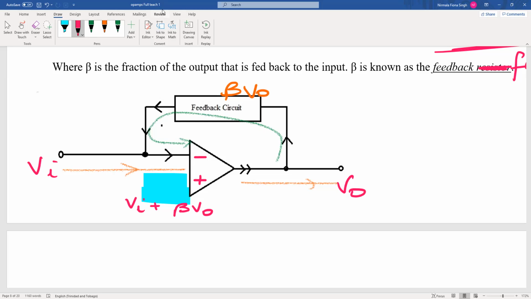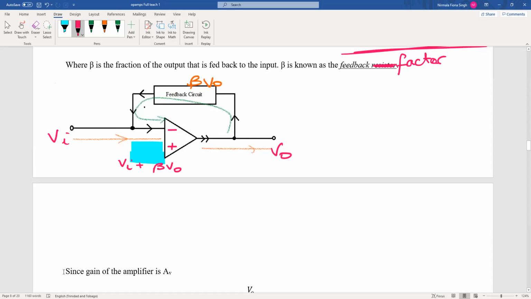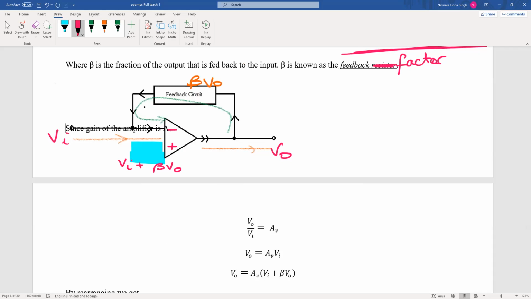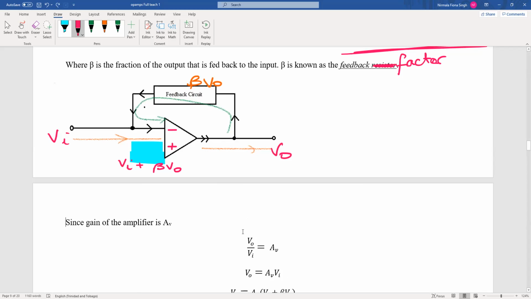So let's come down to doing the maths here and see what we get. The gain of the amplifier is AV, which is your closed loop gain. We know that the general equation for gain is VO over VI, output voltage over input voltage.